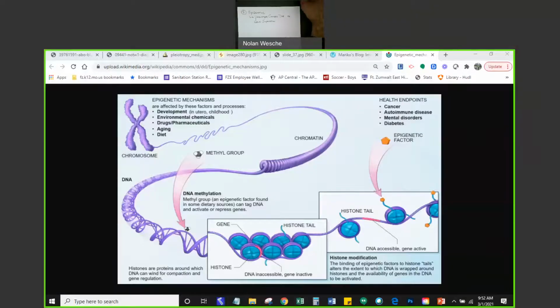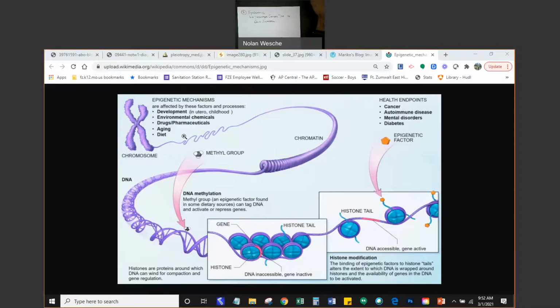So here we have our DNA, and DNA can be modified by certain groups called methyl groups. These methyl groups, which is just a CH3, can tag certain regions of DNA and make it inaccessible to transcription factors that are trying to transcribe those genes for later protein production.